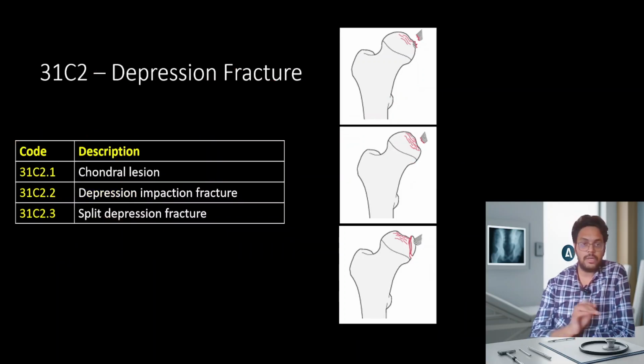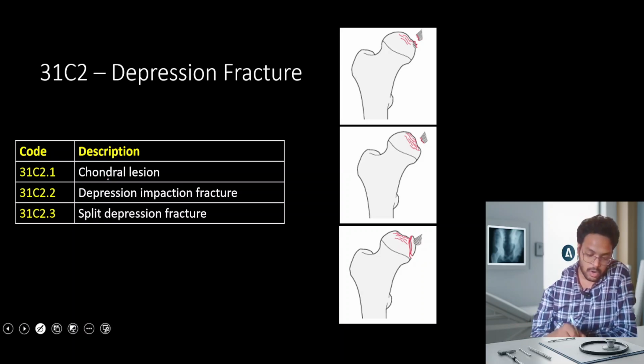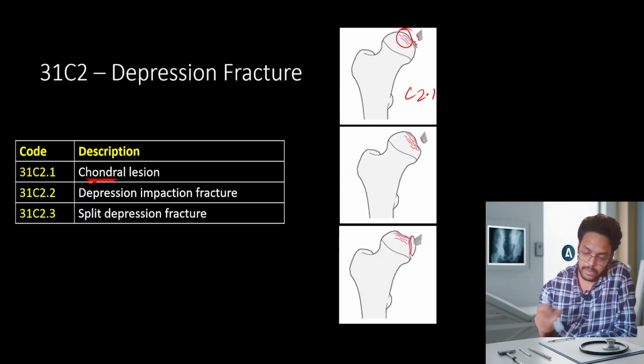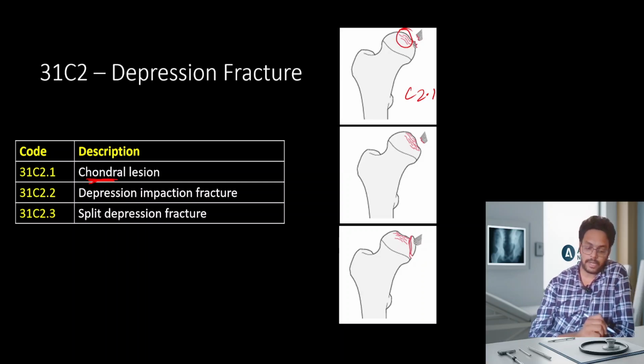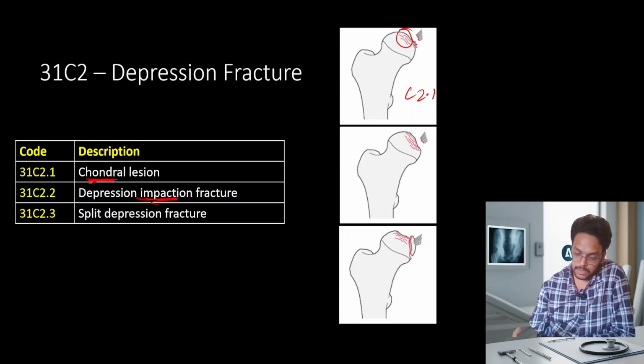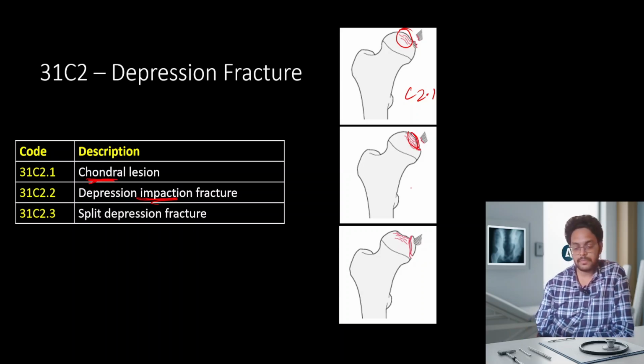Then coming to C2, the depressed fractures, the chondral lesions. If the weight bearing portion of the cartilage is getting depressed, it is C2.1.